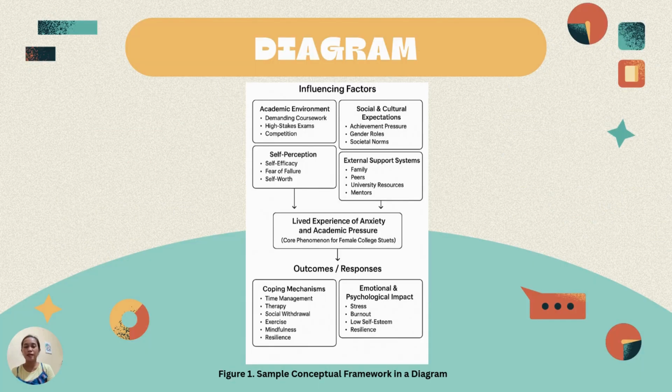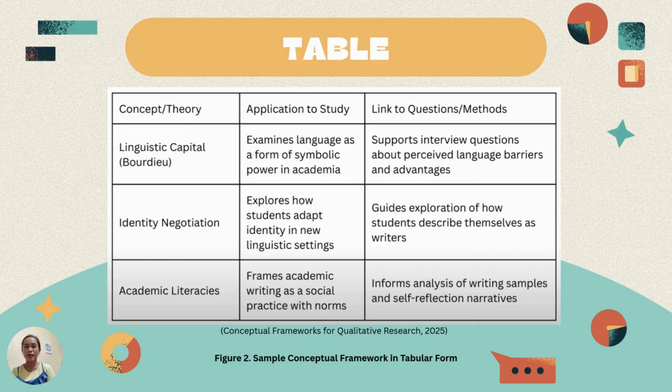So here is an example of a conceptual framework in a diagram form. You can also have this one in a paragraph form. Next is a table. So in a table, you have in the first column the concept or theory. Next column is the application to study, and the last column is linked to questions or methods.